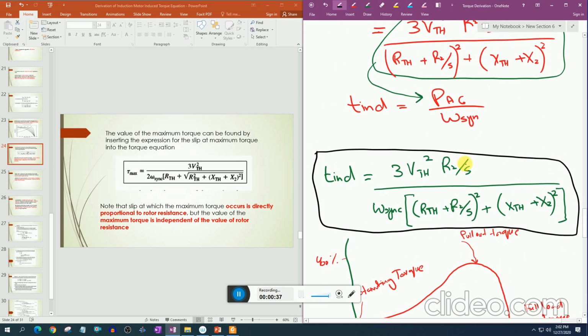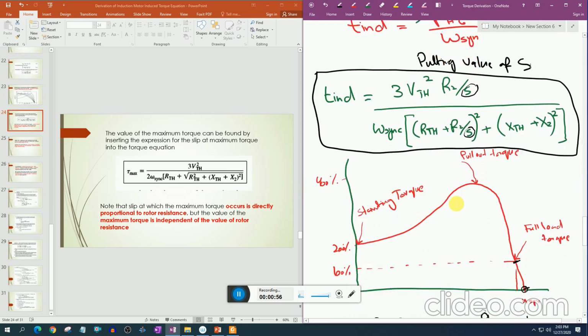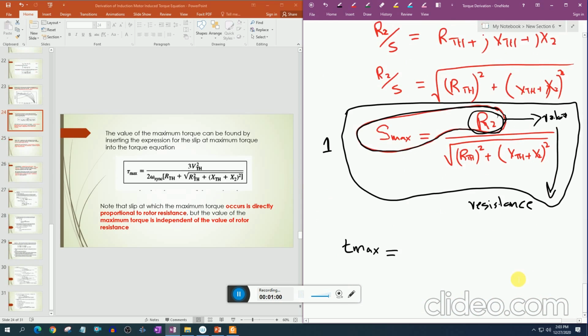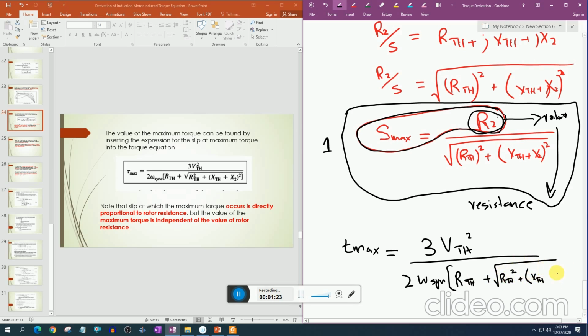Putting the value of S maximum here and here and solving, the maximum torque becomes 3 V Thevenin square divided by 2 times omega synchronous times R Thevenin plus the square root of R Thevenin square plus X Thevenin plus X2 square. So this is T maximum, the pull out torque.